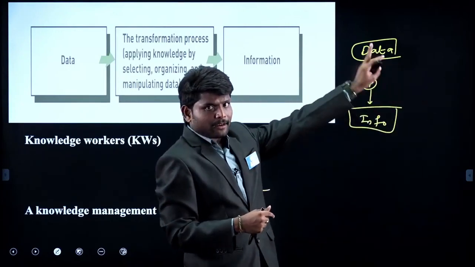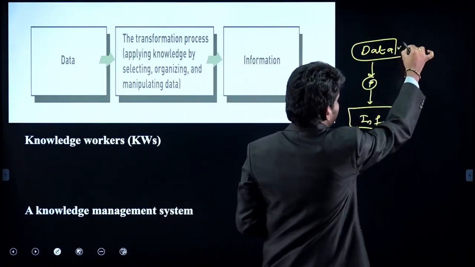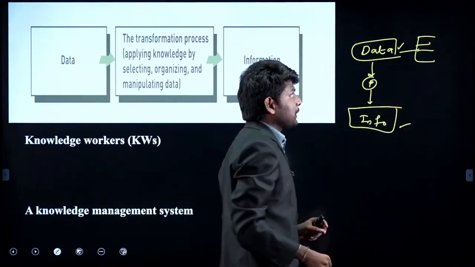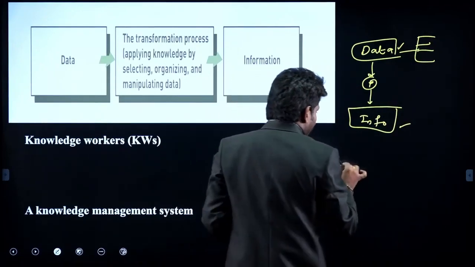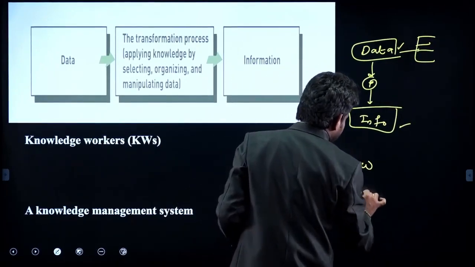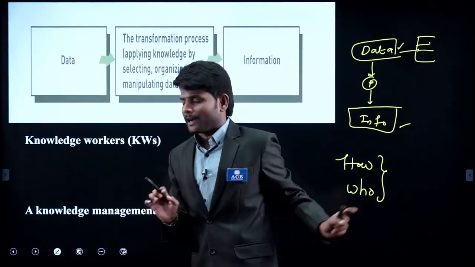This is the basic big picture that we are learning. We understood the difference between data and information, then the different types of data. Now we are going to learn how we convert data to information, and who converts data to information. These are the two things we are going to learn.